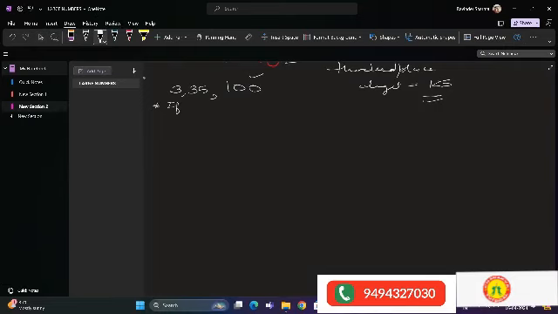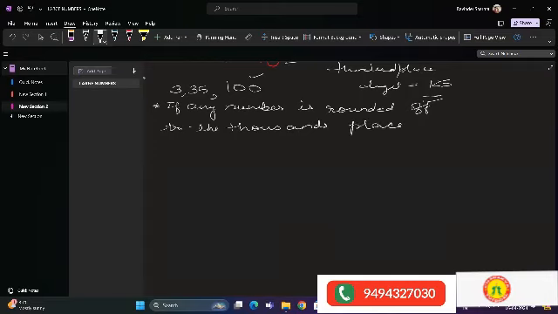Now, one more important thing I want to tell you about rounding off. If any number is rounded off to the thousand place, it has zeros at the hundreds, tens, and ones place.